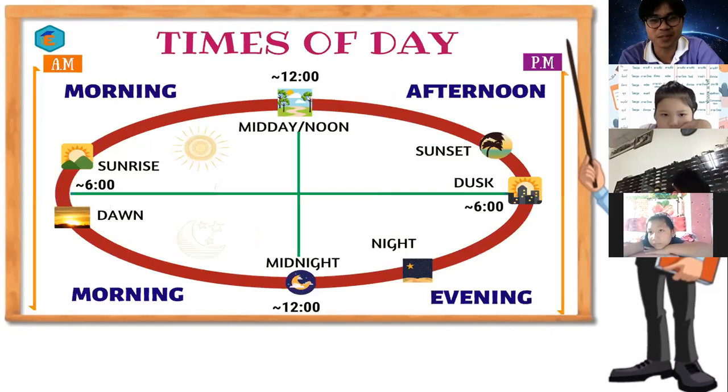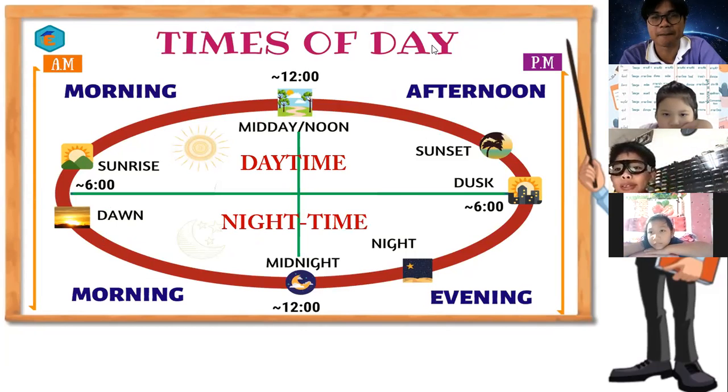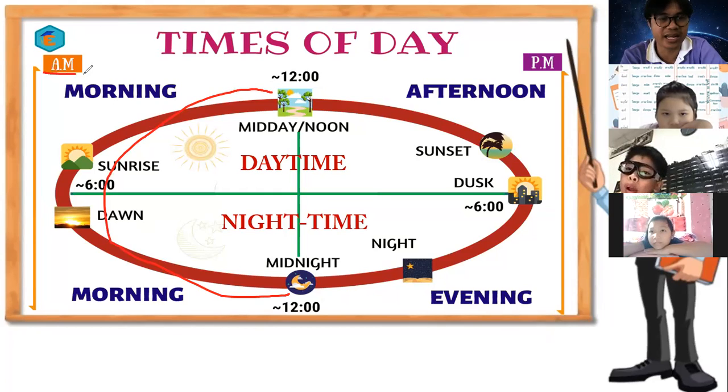Let me show you here the picture. This is daytime here and nighttime on the other side. From 12 midnight until noonday, midday, this is called AM. Morning.